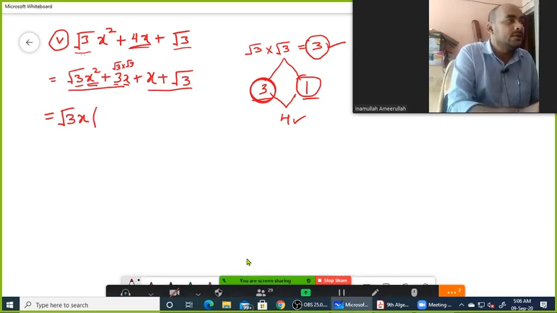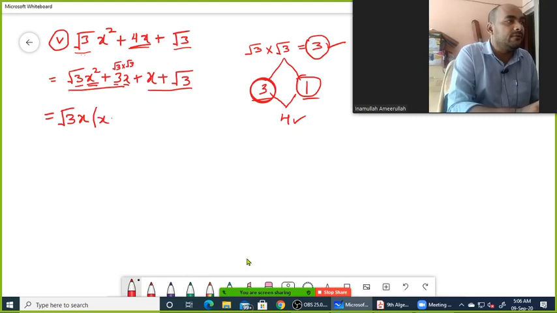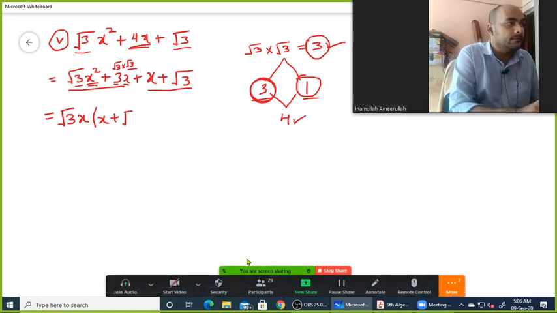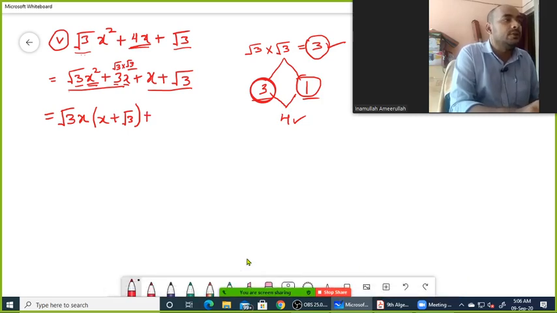So here we have one factor of x and here we have one root 3. Then x plus root 3. So we can take out plus 1 as a common factor.